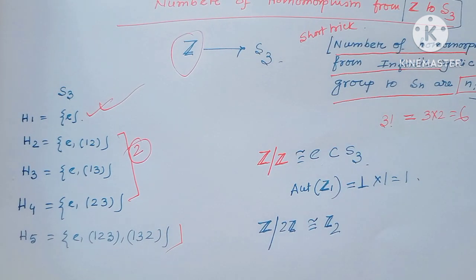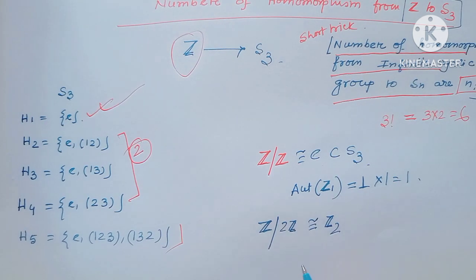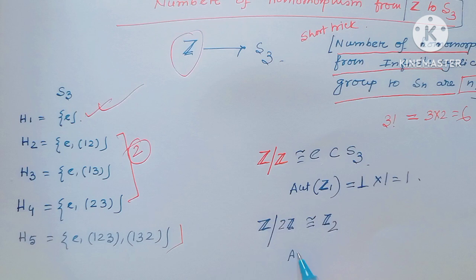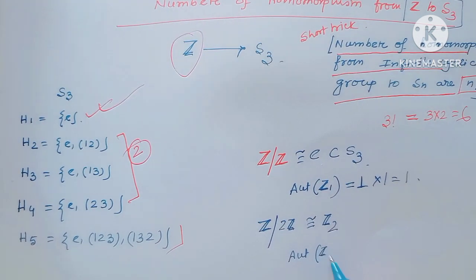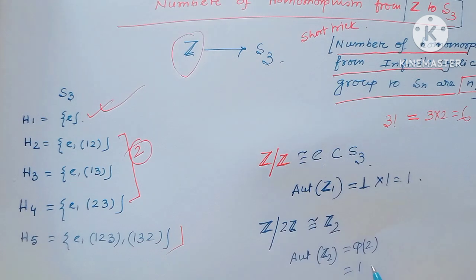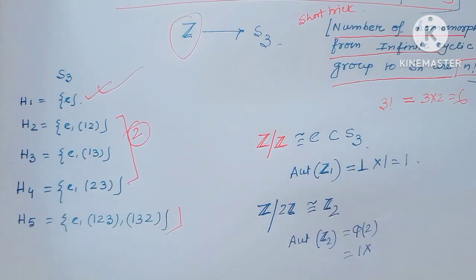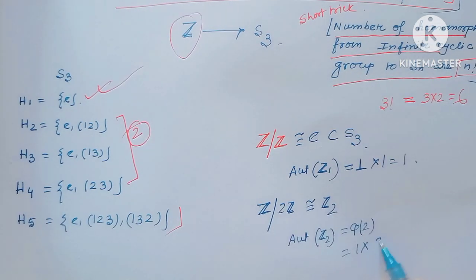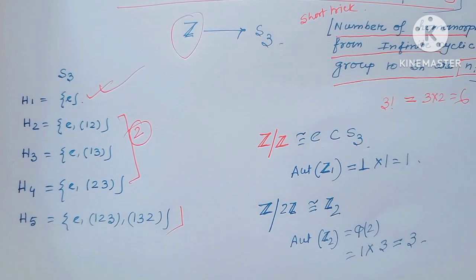In S3 there are 3 subgroups of order 2, and the automorphism count of Z2 is phi of 2, which equals 1. So this would be 3.